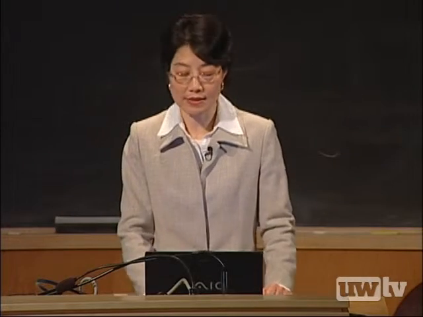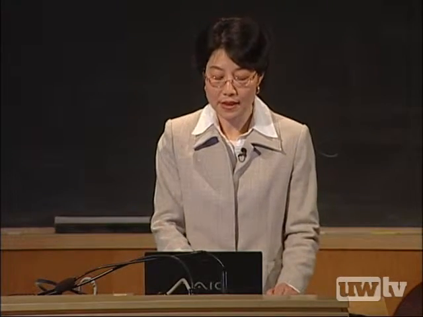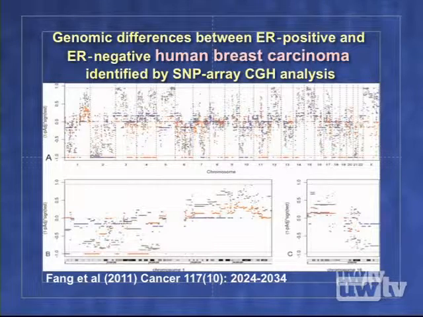Since this is a published study, I won't dwell on it, except to mention the way to look at this graph. The lower portion is a statistical probability summary chart. The lower half of this summary figure shows specific genomic regions that are relatively gained in ER negative tumors or relatively lost in ER positive tumors, whereas the upper half shows genomic regions that are relatively lost in ER negative tumors.